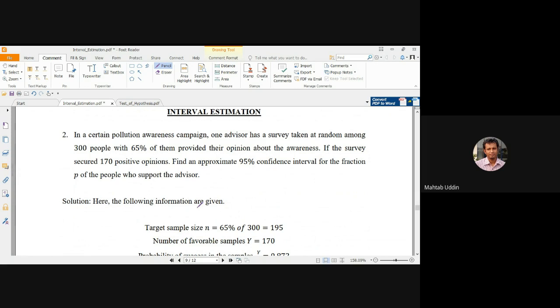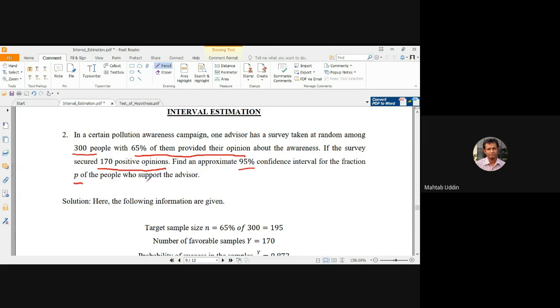In a certain pollution awareness campaign, an advisor had a survey taken at random among 300 people, with 65% providing their opinion about the awareness. If the survey secured 170 positive opinions, find the 95% confidence interval for the fraction p.